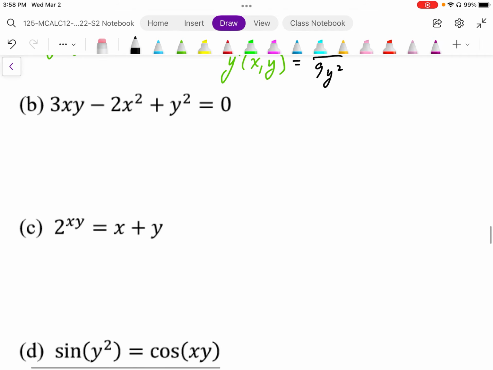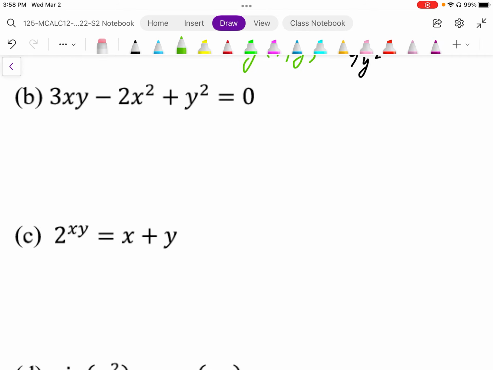For the next one here, we're going to do the same thing. We want to identify the embedded function y here and here. In the first one, I have to make sure that I use the product rule here. Okay, so I'm going to take the 3 out, and then those brackets I'm going to apply the product rule. So I get 1 times y plus x.